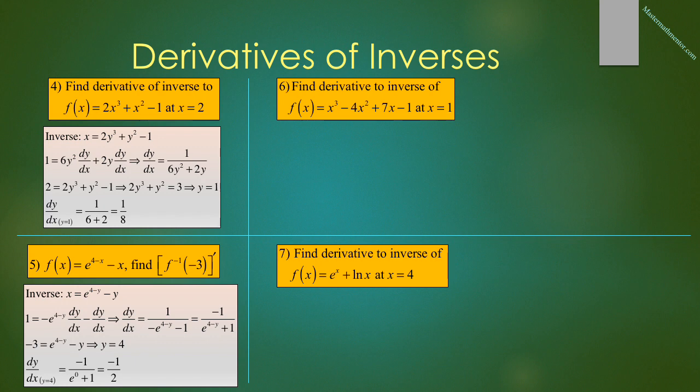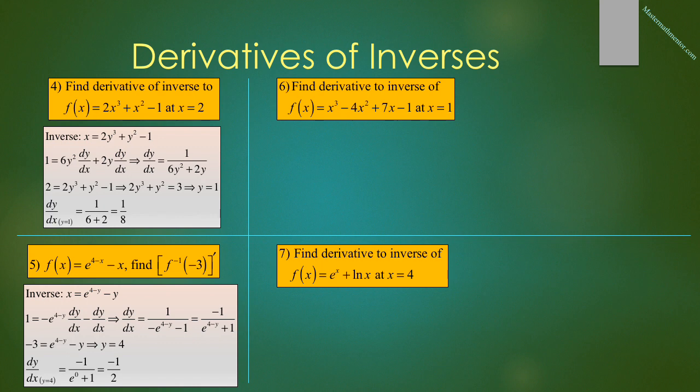So we take the derivative implicitly and get 1 equals negative e to the 4 minus y dy/dx minus dy/dx. And factoring out the dy/dx, we get 1 over negative e to the 4 minus y, negative 1, which can be written as negative 1 over e to the 4 minus y, plus 1.